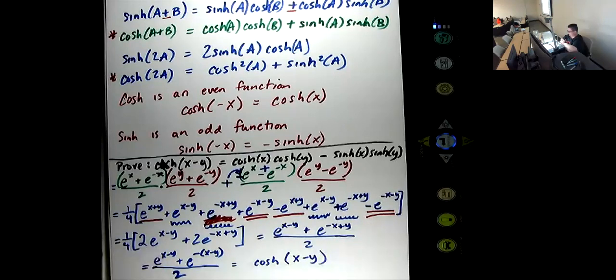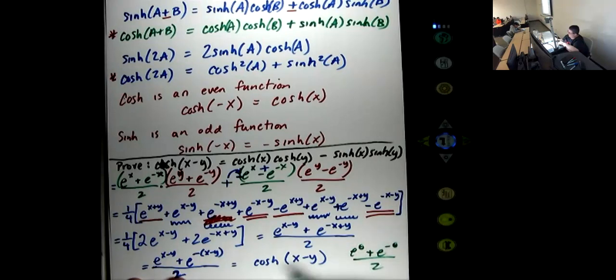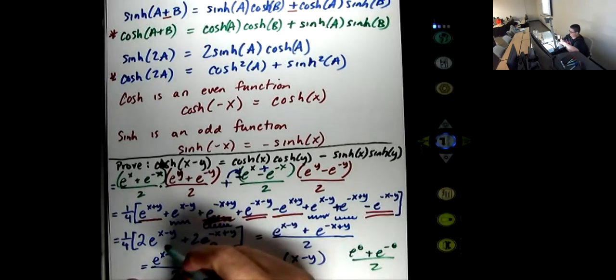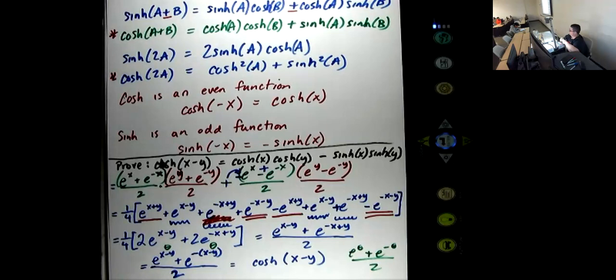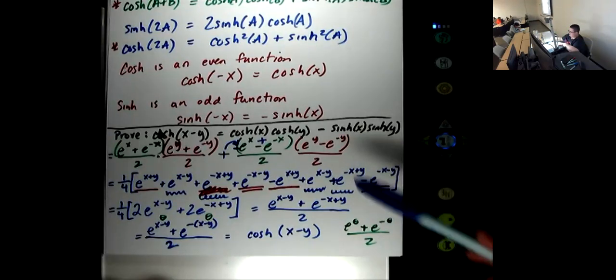The negative's up there, that's fine. Like if I did this as e to the theta plus e to the negative theta over 2, that would be cosh of theta. Well, theta here is just x minus y. It's a little trippy. But we started with the right side and we ended with the left side.